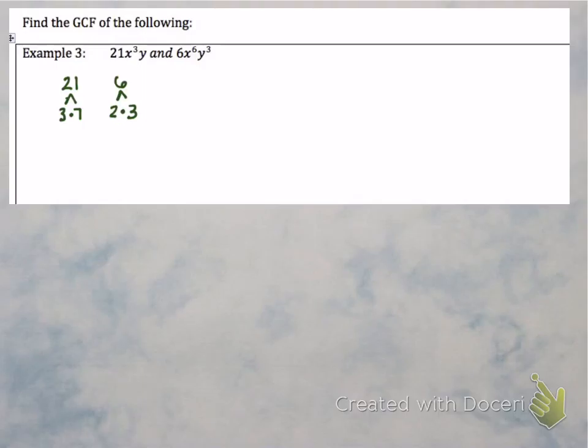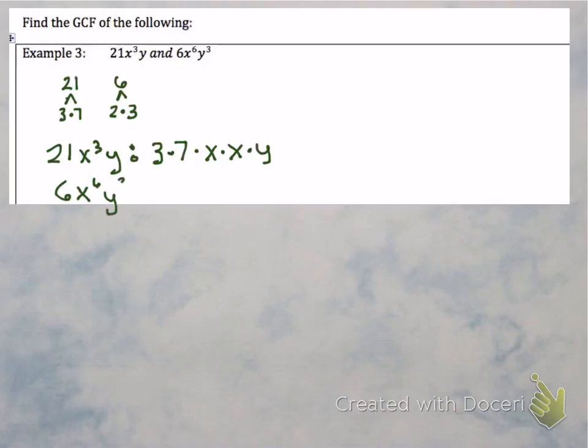So the first value, 21x to the third y, would be 3 times 7, and 3 factors of x and a factor of y. And then 6x to the 6th, y to the third is 2 times 3 with 6 factors of x and 3 factors of y.